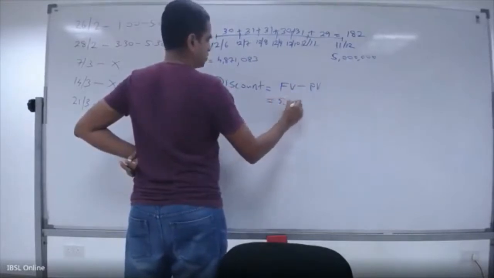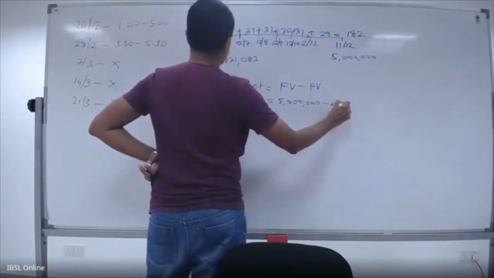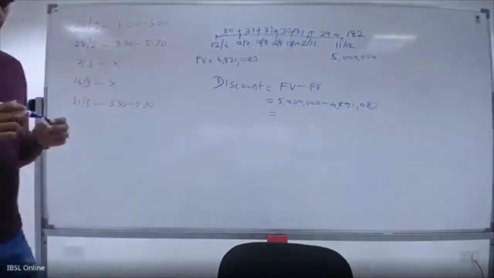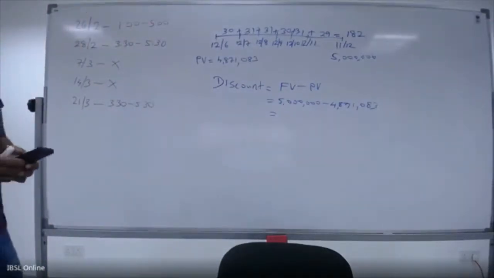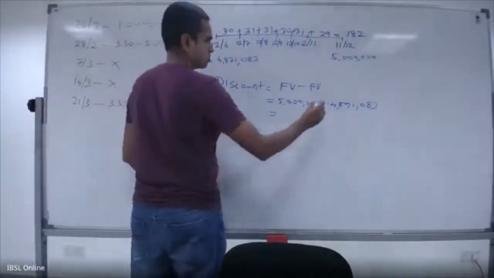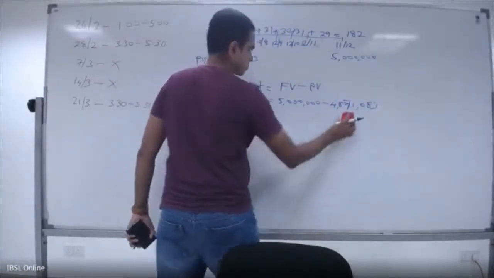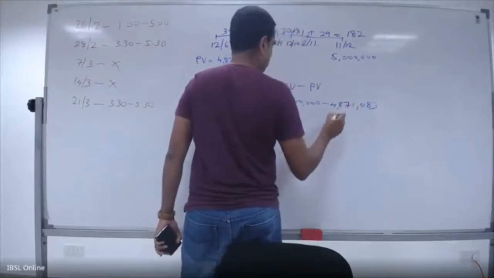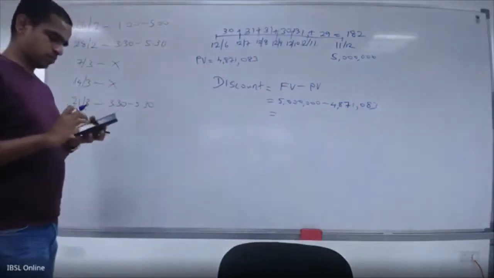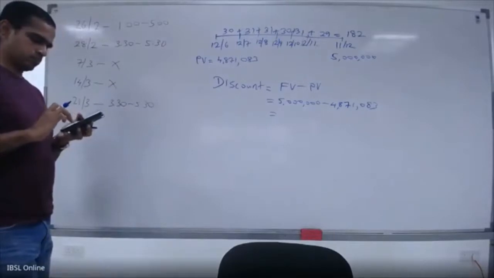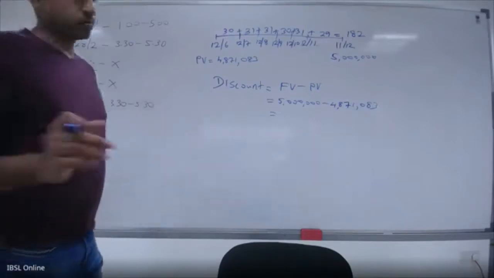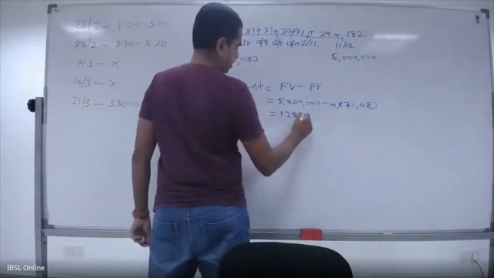So it's 5 million minus 4,871,083. That is 128,917.